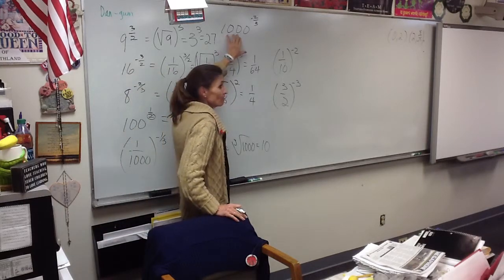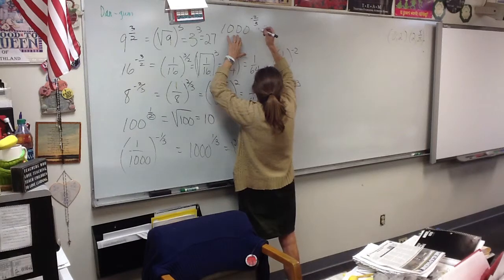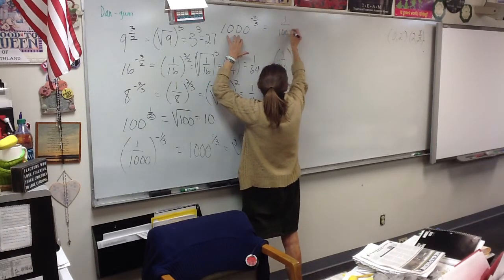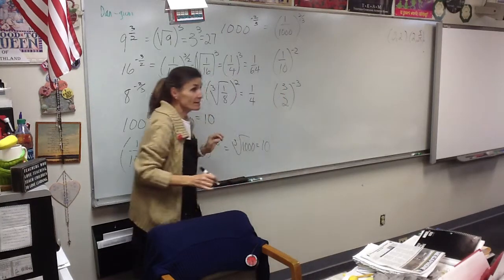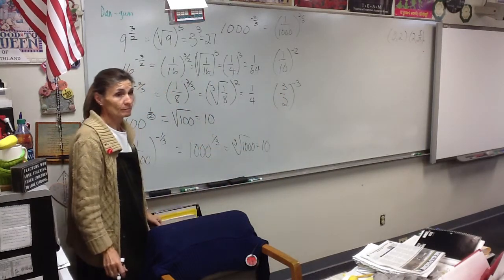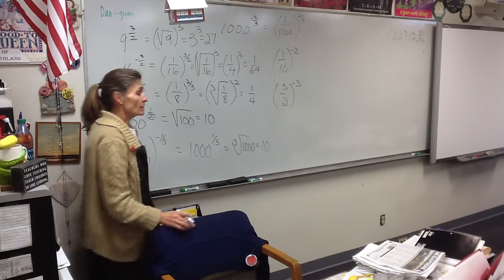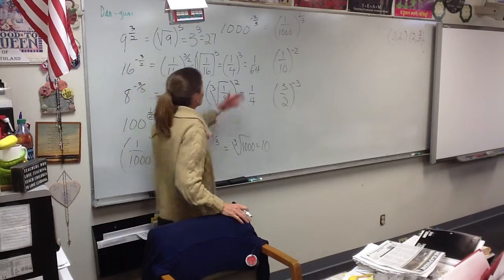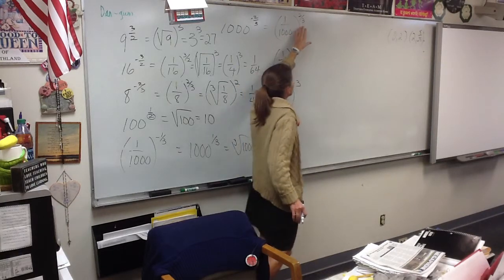All right, what about here? First, it becomes 1/1000 to the 2/3 power. Kids, you have to deal with the negative first. And what does the negative do? It makes the base the reciprocal. So instead of 1,000, it's now 1/1000. Now, what does 2/3 mean?